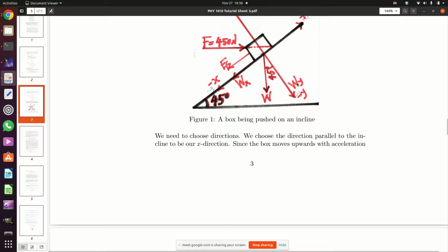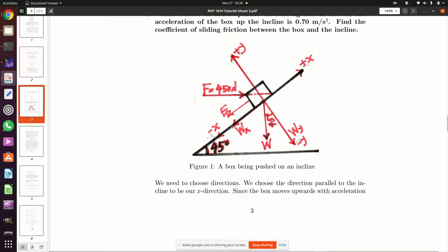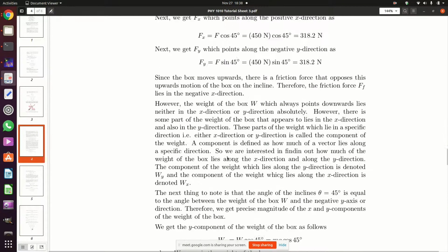Wy pointing in the negative y direction, Wx pointing in the negative x direction. We have the friction force pointing in the negative x direction. We have Fx pointing in the positive x direction, and Fy pointing in the negative y direction. Basically that's what we have.